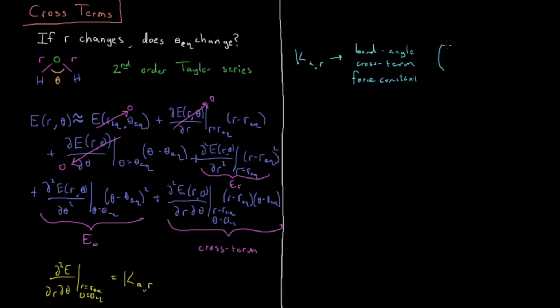So that would have units of, if our energy is kcal per mole, kcal per mole times angstroms times radians if our angle is measured in radians.